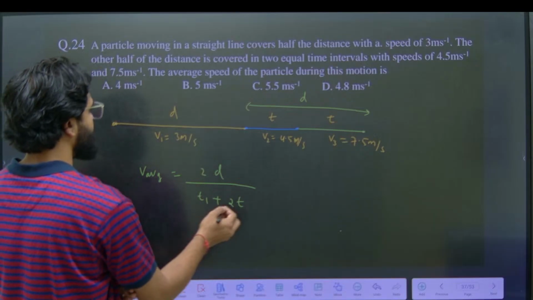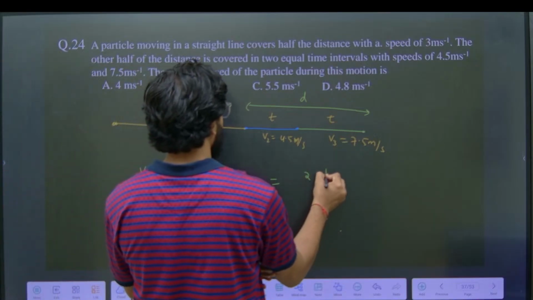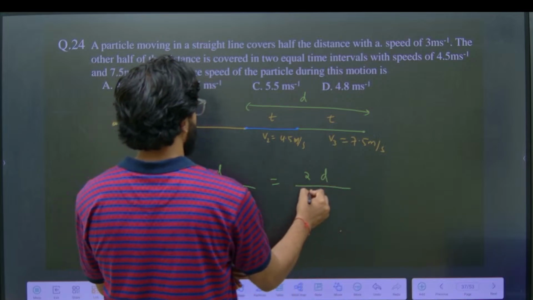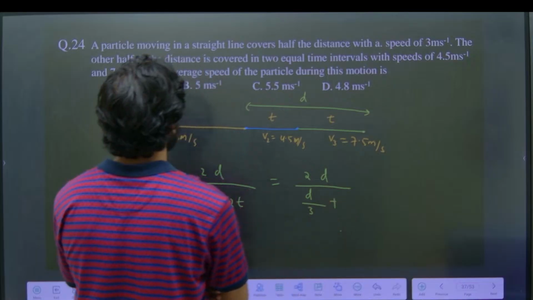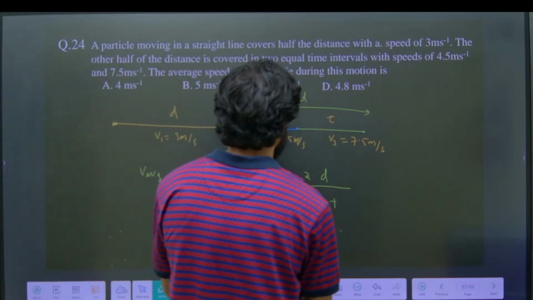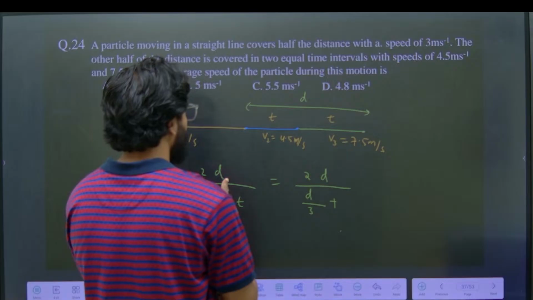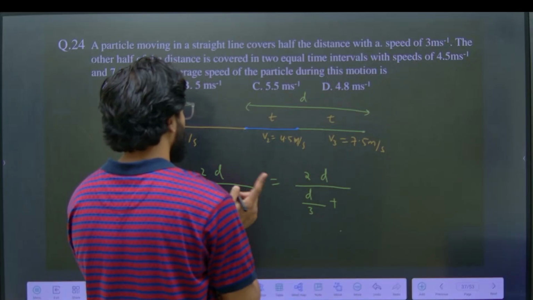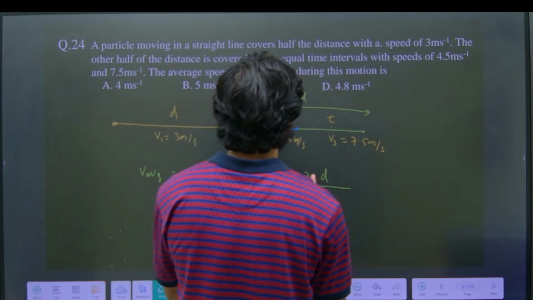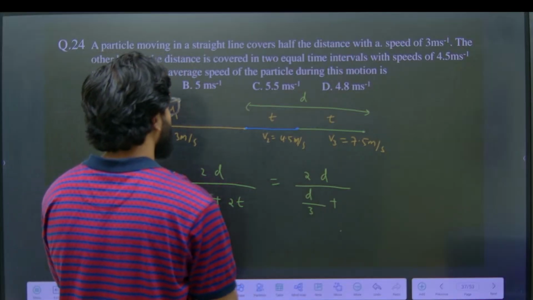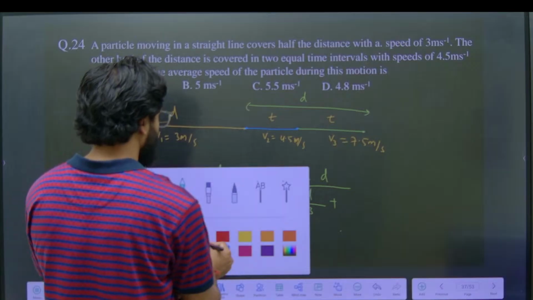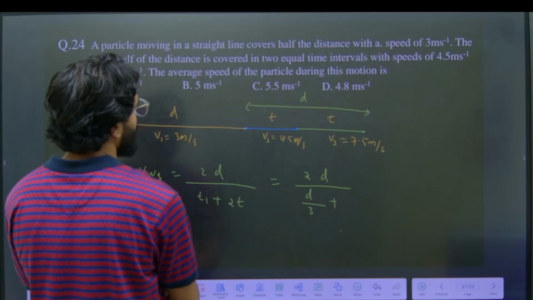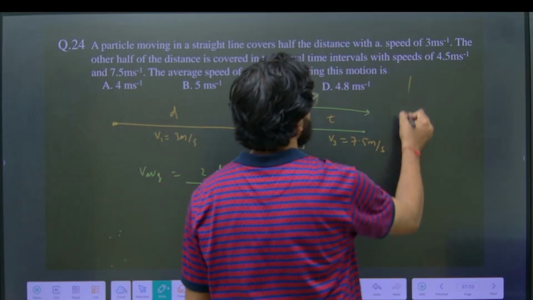So we can write 2D divided by T1, which will be D upon V1, which is 3, plus time 2T. We do not know anything about T1 and T, so let's calculate it over here.